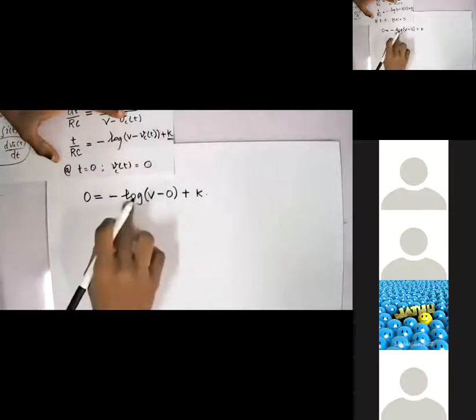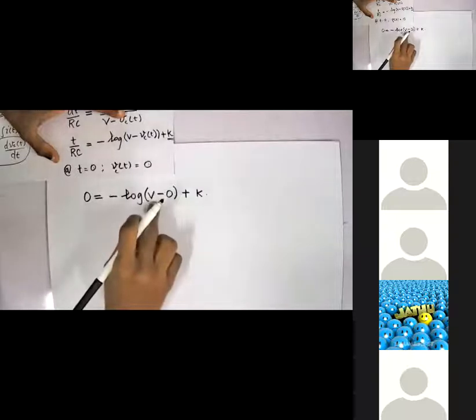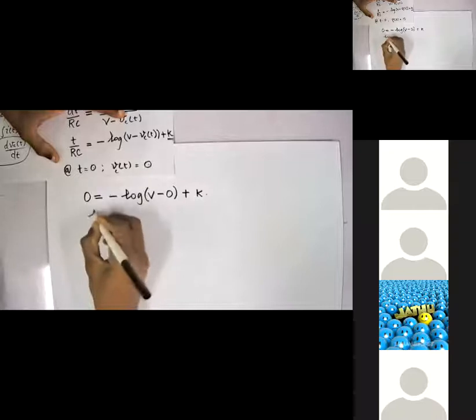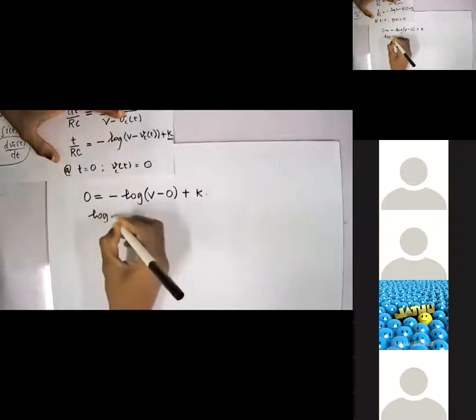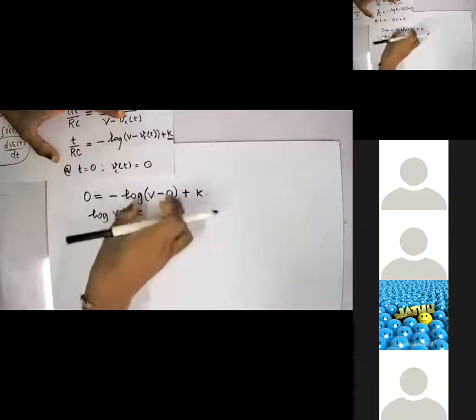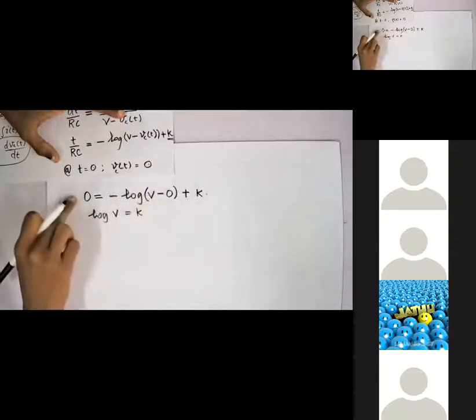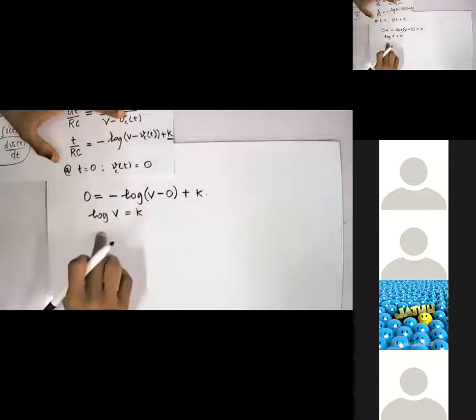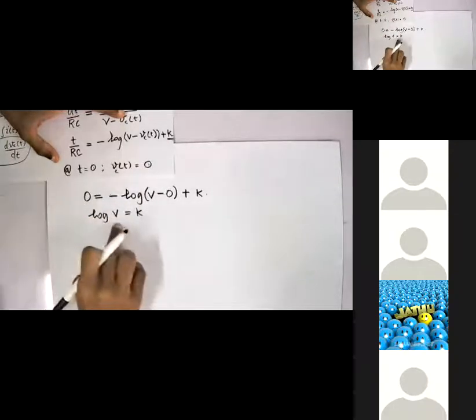So this will be log V. Am I right? So I would say log V equals k, because when we bring the minus to the other side of the equals, it will become plus. Clear? Log V equals k.